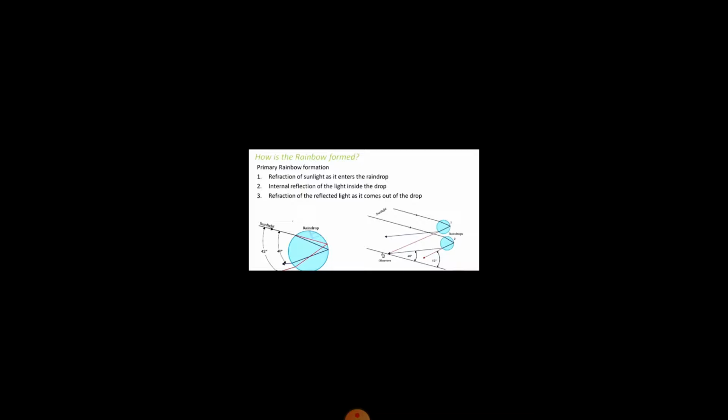So these rays coming out of the medium are the ones which we see. The observer sees the constituent colors. What was the input to the raindrop? The input was white sunlight. But the output is a spectrum of different colors, because dispersion has also taken place.